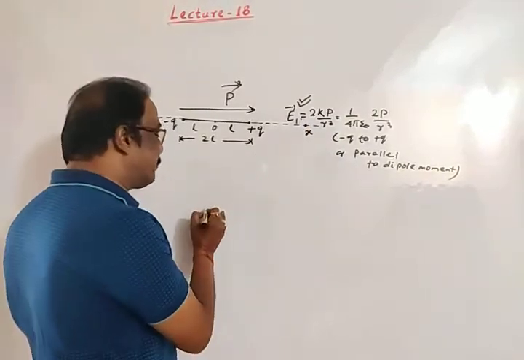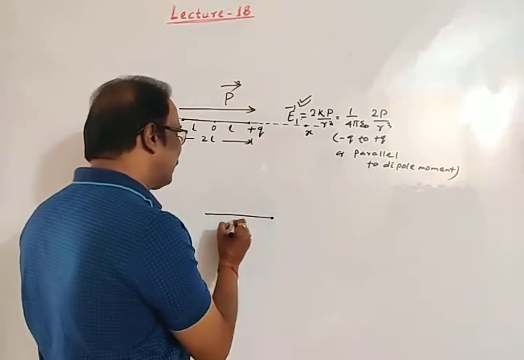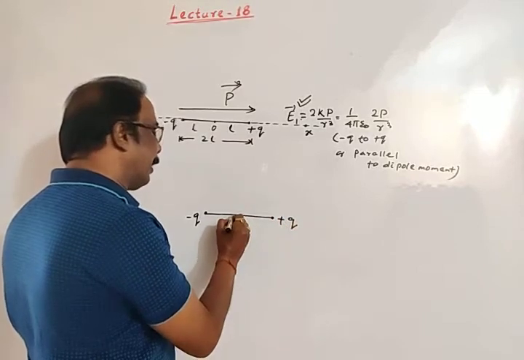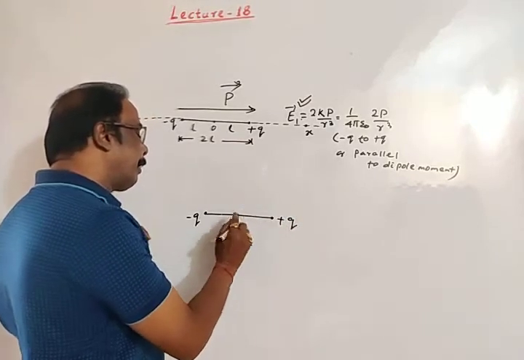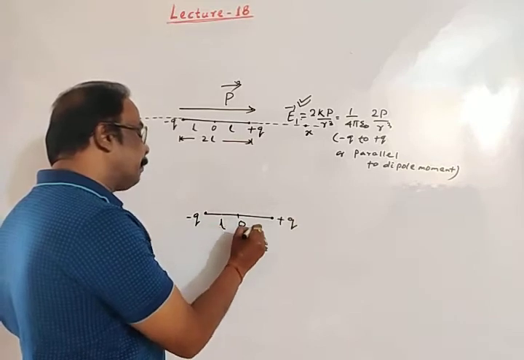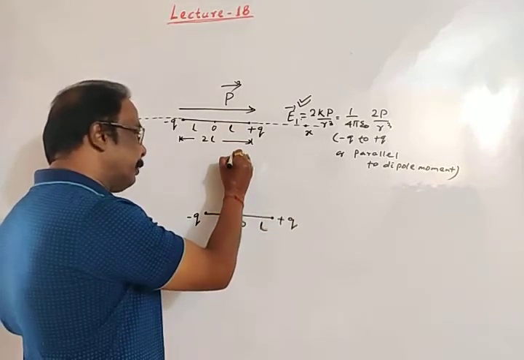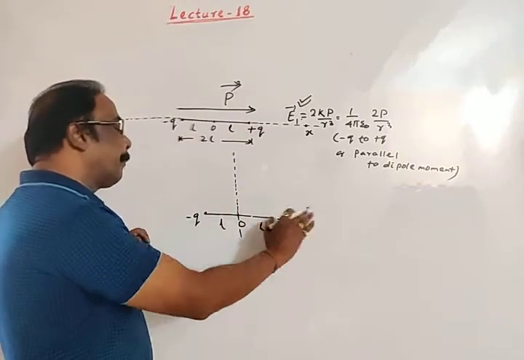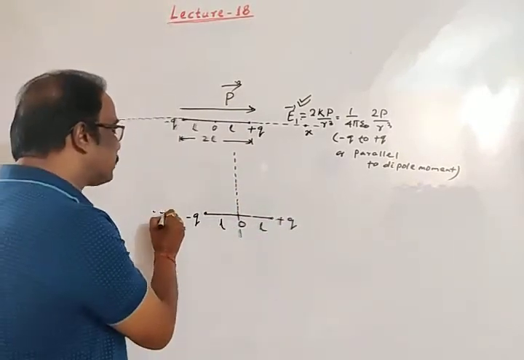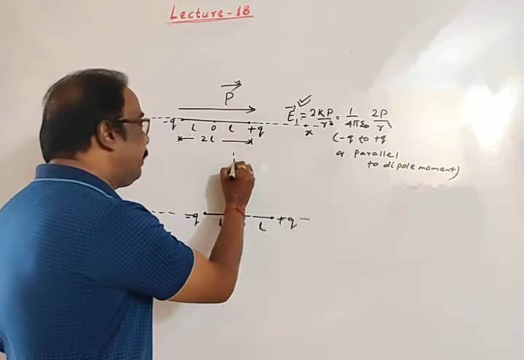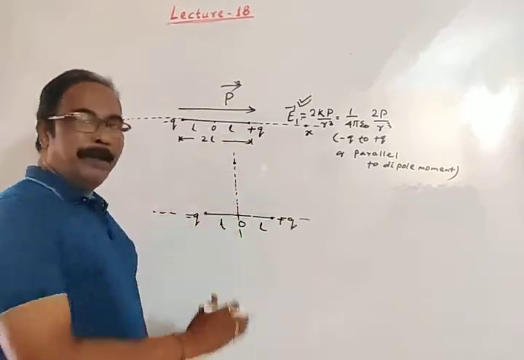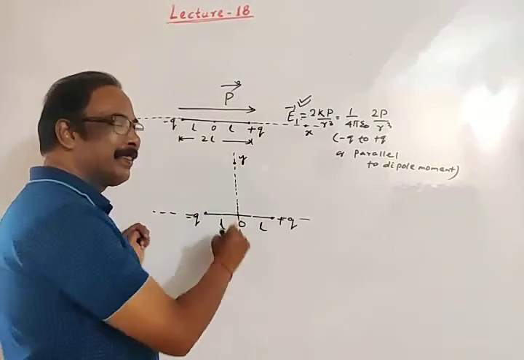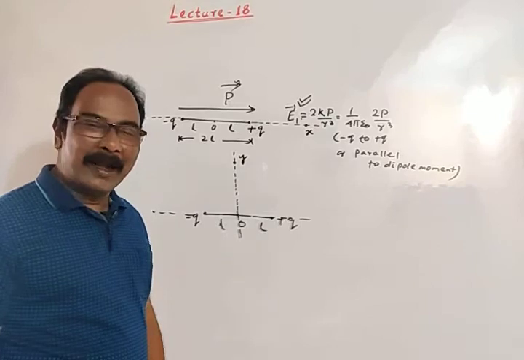Then about electric field intensity at any point on the equatorial line. See students, this is the electric dipole, this is the center of the dipole, this distance l, this distance l. This is a straight line normal or perpendicular to the axial line. Any point on this equatorial line is called the broadside-on position or tan B position.